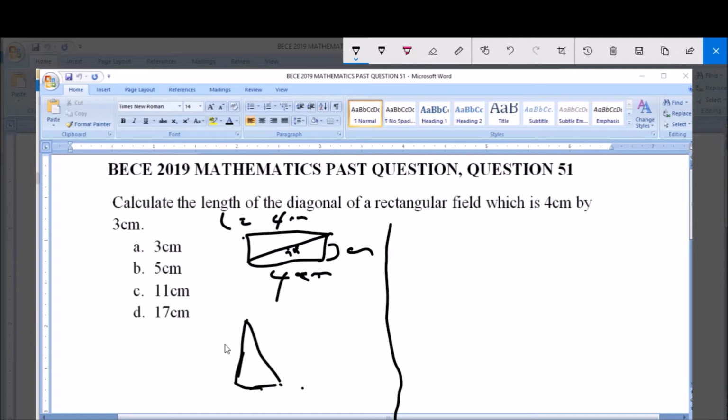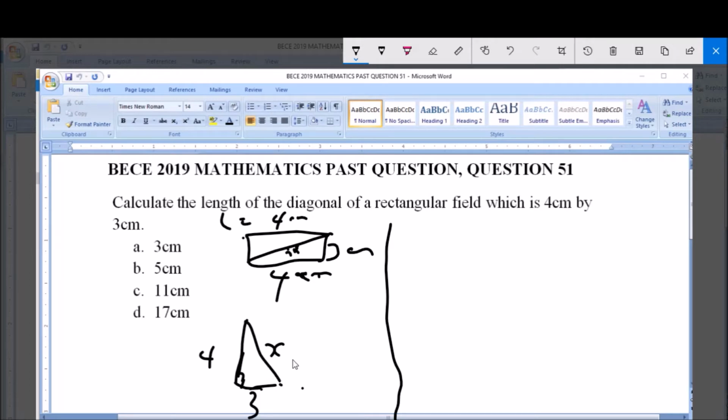This is the right angle. Now this is the diagonal which we are looking for, x. This is our length, which is 4, and this is our breadth, which is 3. So we have to find x. Look at it. The diagonal split this rectangle into 2 right-angled triangles. Now we pick one of the right-angled triangles for us to find the length of the diagonal.